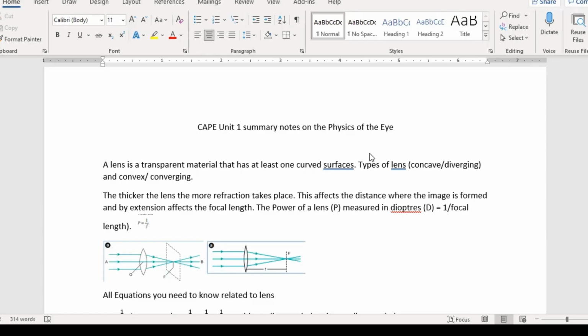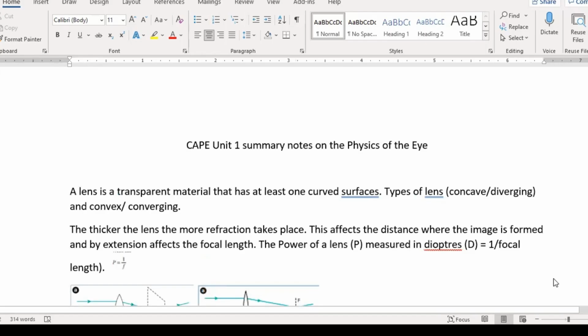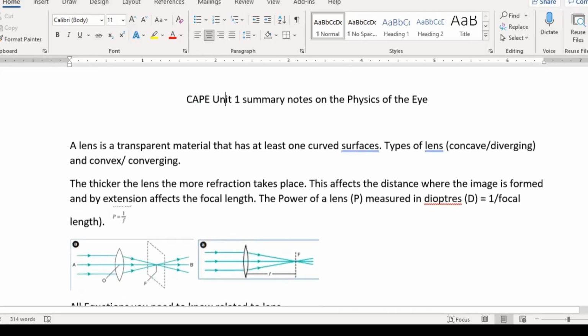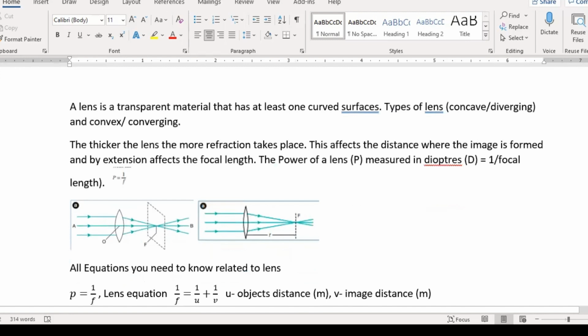And how we find the power of a lens is just 1 divided by the focal length. And I'll show you where the focal length is. So if you want to find the power of a lens, you simply need to make sure you know the focal length. And the focal length is simply the distance from the center of the lens, the optical center, to the point where the light rays converge.